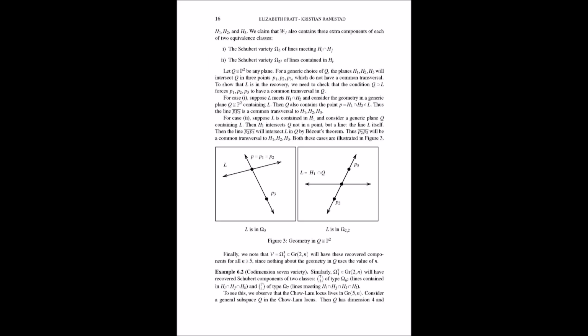Now, I'm curious about another class of examples they mention, linear determinantal hypersurfaces. What are those, and how do they behave under Chow Lam recovery? Linear determinantal hypersurfaces are a fascinating class of geometric objects. They're hypersurfaces, meaning they're defined by a single equation, but that equation comes from the determinant of a matrix.